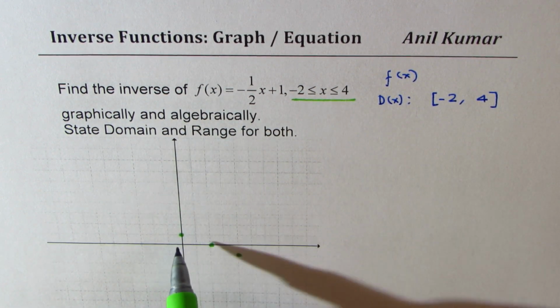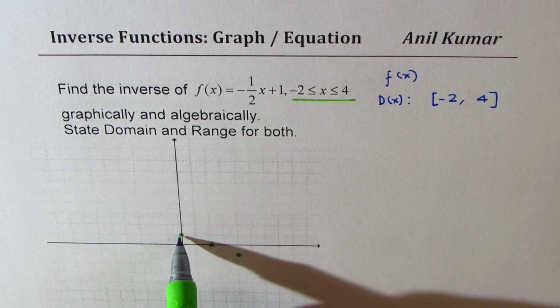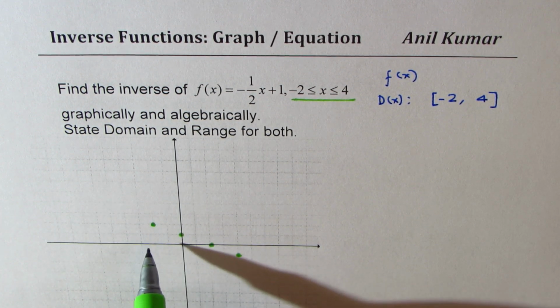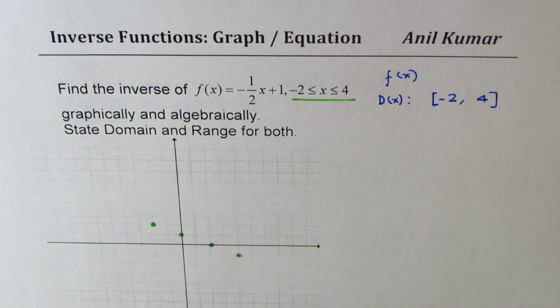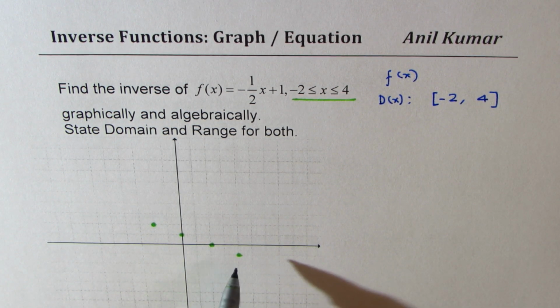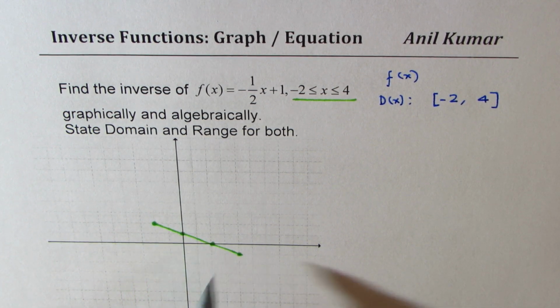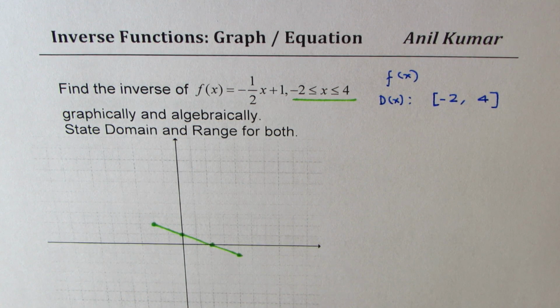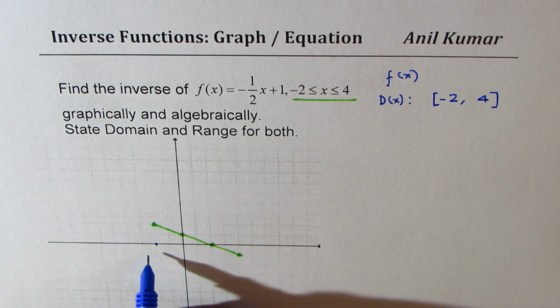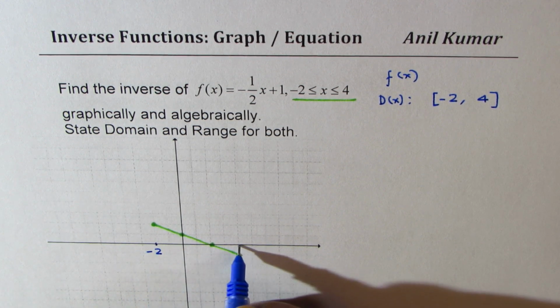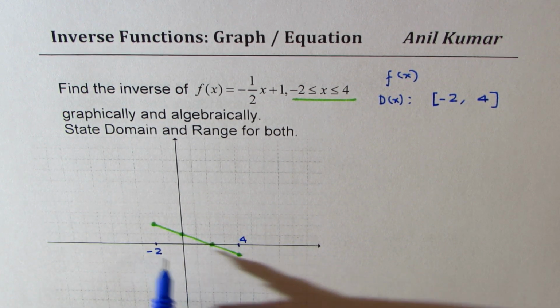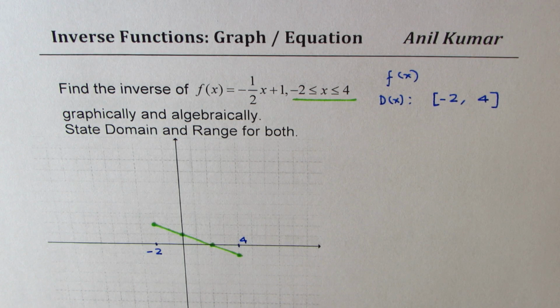You could also go up and left too, so that is at minus 2. So what you see here is a line. If I connect it, I get my function, which is a line segment. Since our domain is restricted between minus 2 and 4, we'll just show this particular segment, right?